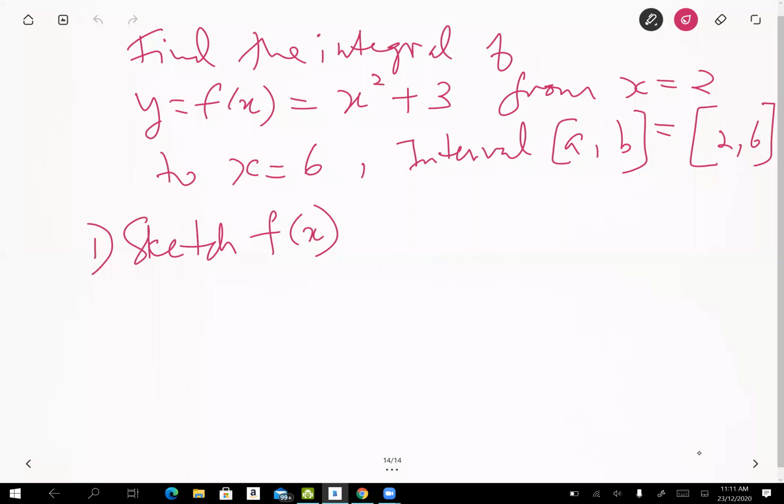Okay, you got it? Okay, Amir Mukhlis. How does the curve look like? What is the y-intercept of the curve? What is the y-intercept? Three, sir. Okay, how does the curve look like?